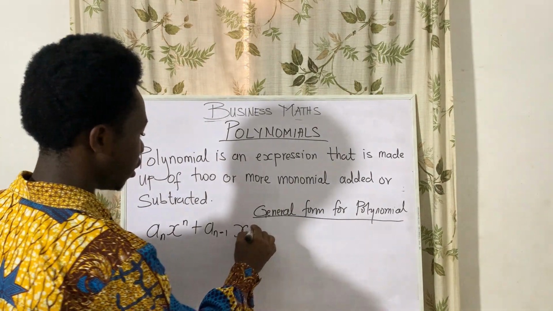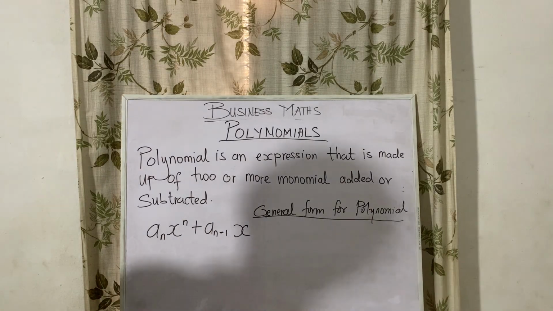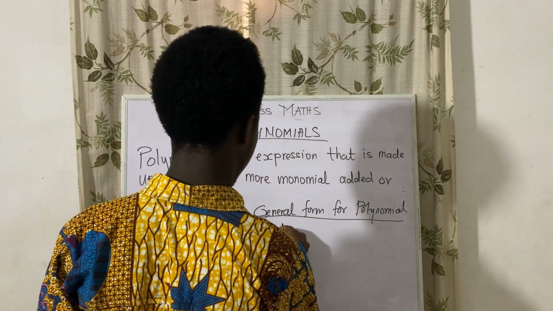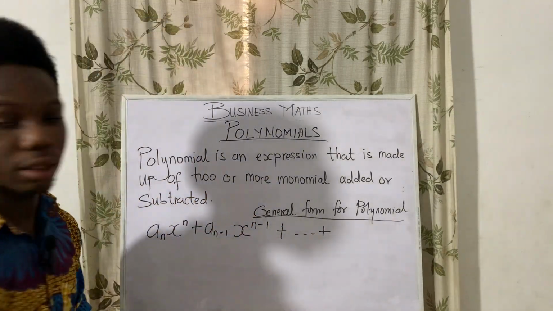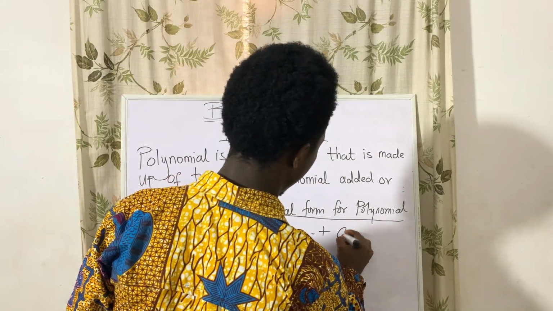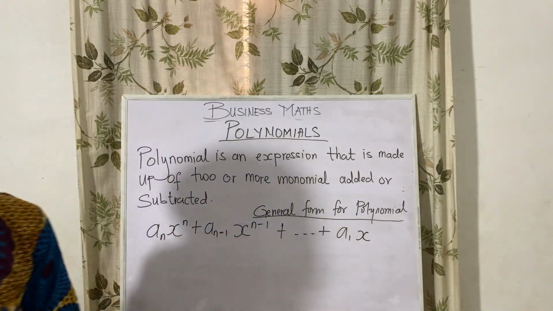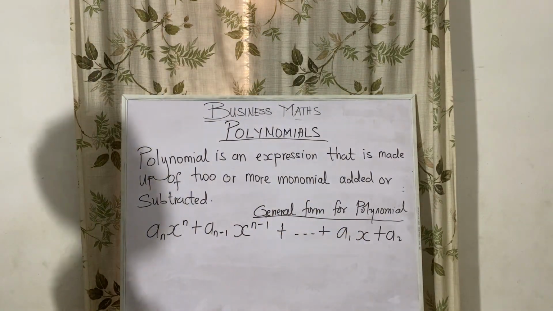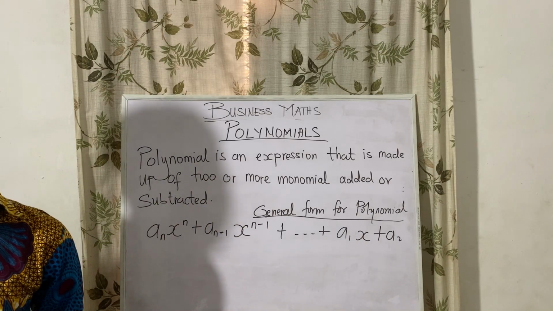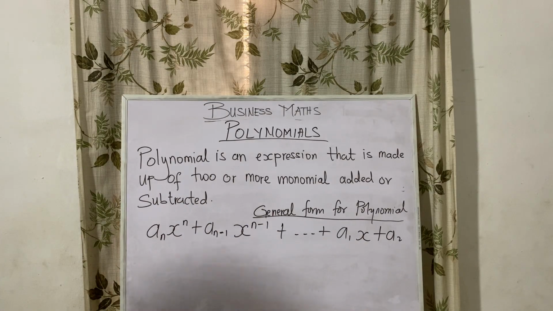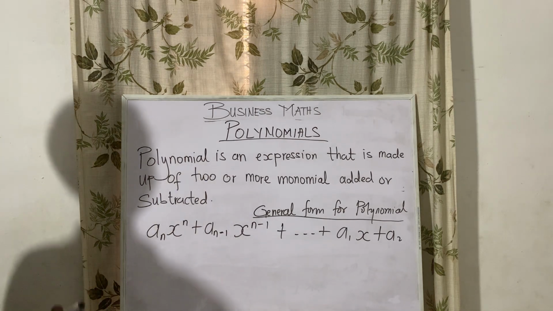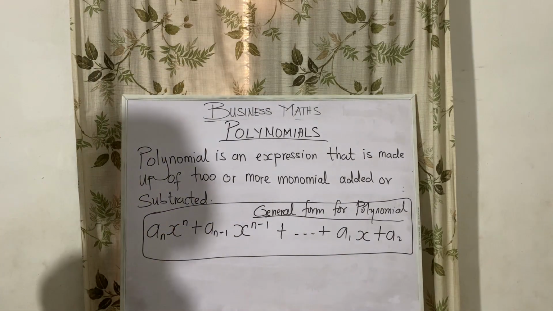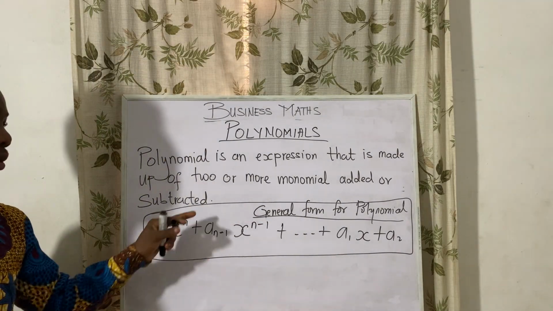Then continuing like that, we have plus a1x plus a2. So that is the general form for a polynomial, right? As we move on, you will understand. Let's put this aside for the moment, and I'll explain it as we move on.